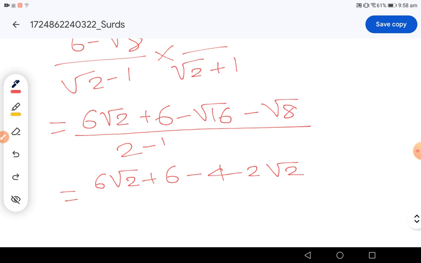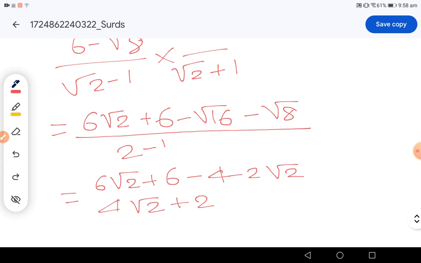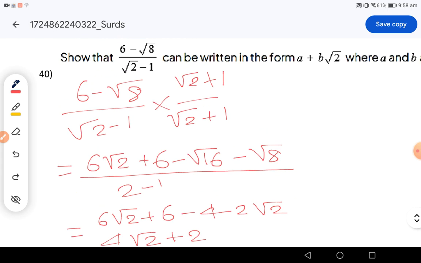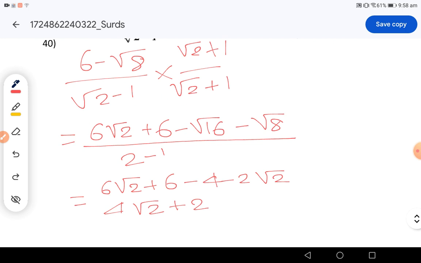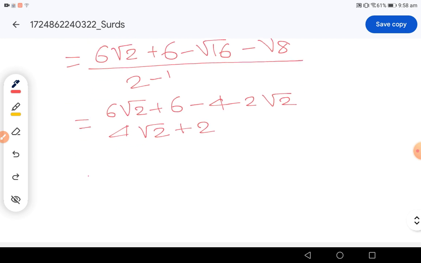So 6 root 2 minus 2 root 2 equals 4 root 2, and 6 minus 4 is 2. So in A plus B form, write 2 plus 4 root 2. That is the answer.